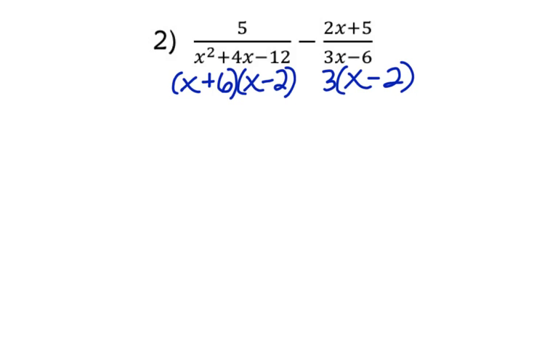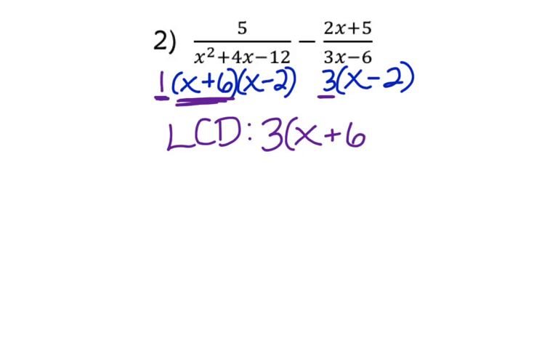Okay, so now to get my least common denominator, the first thing I normally do is look at the numbers in front. So we have a 1, really, and a 3, so the least common denominator for 1 and 3 would be 3. Then I'm going to need to include x plus 6 in my least common denominator.